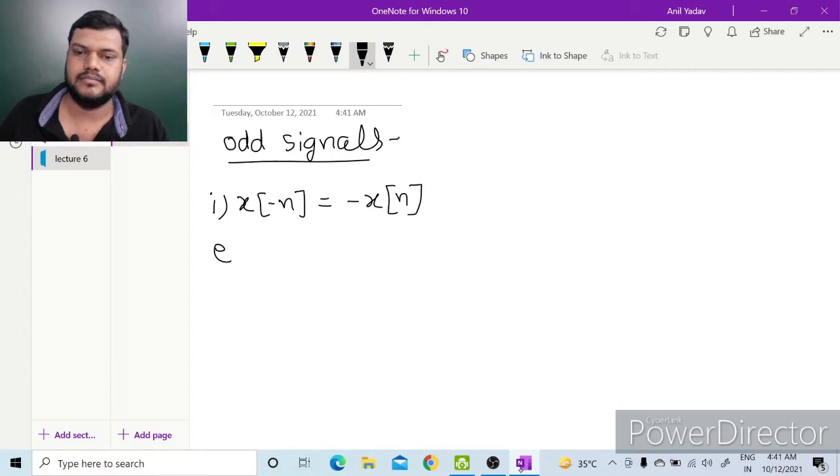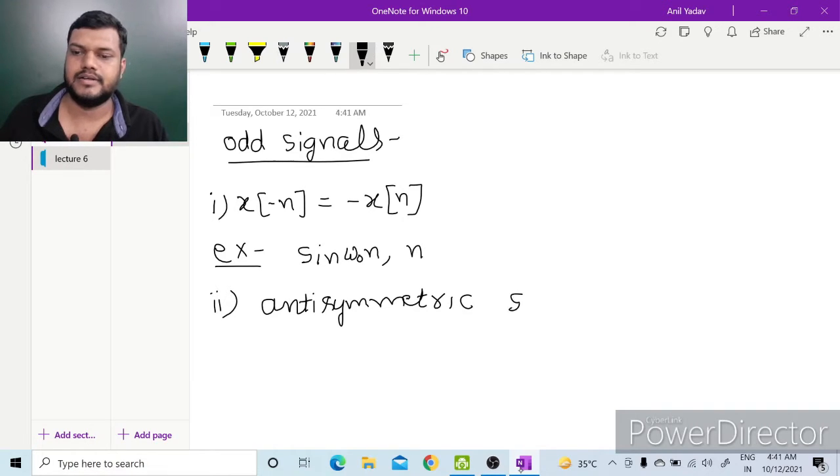An example of odd signals are sinusoidal signals, sin(omega naught n). These are odd signals, and odd signals are also called anti-symmetric signals.